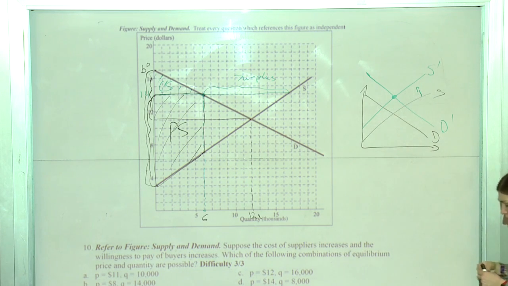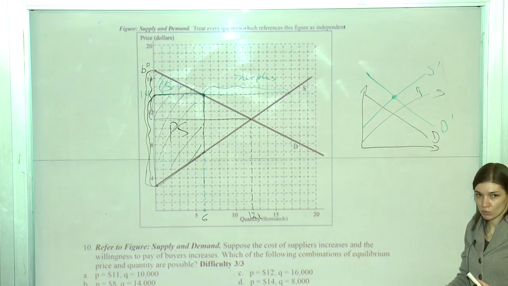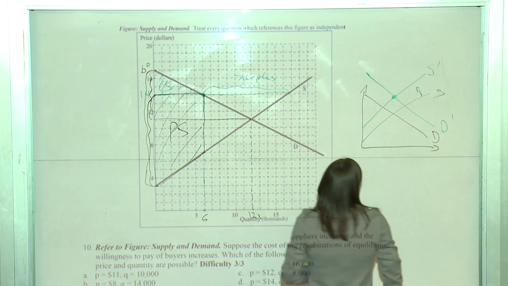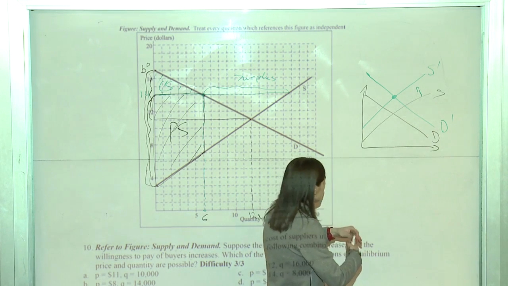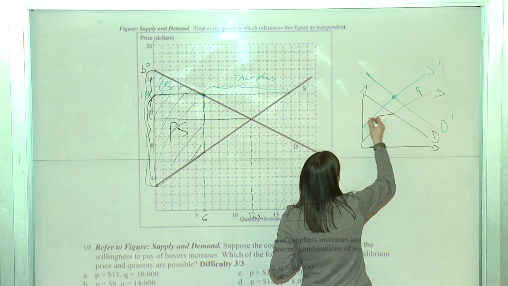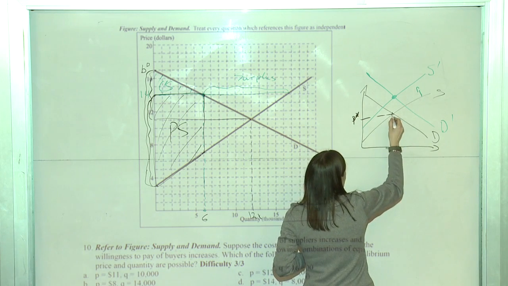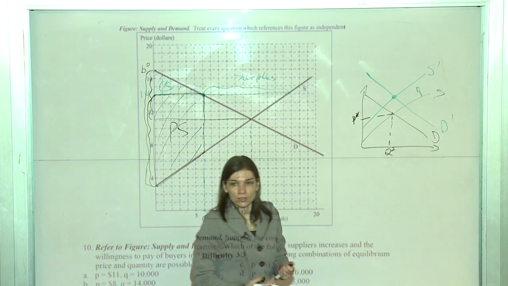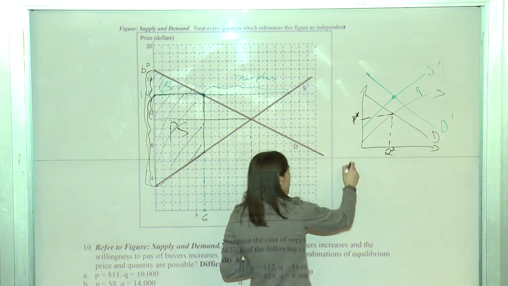What do we know about that equilibrium point in terms of its price and its quantity compared to the initial one? So this was the initial equilibrium here with certain price and certain quantity. Given those two shifts, what do we know about the new price?